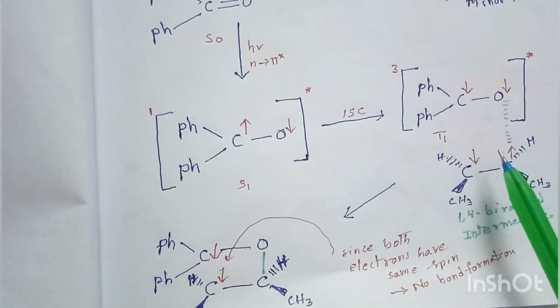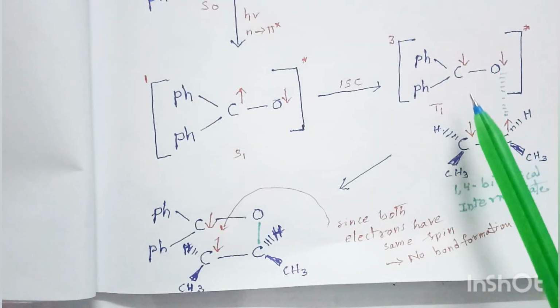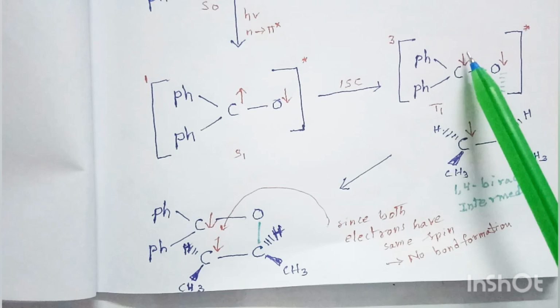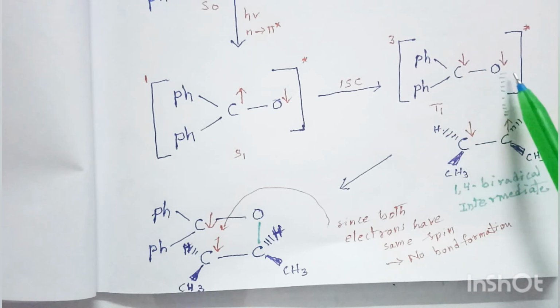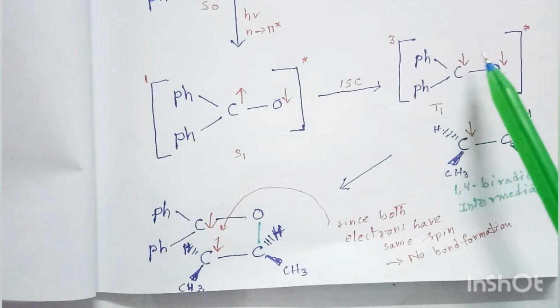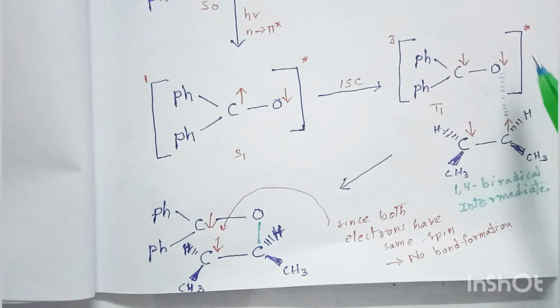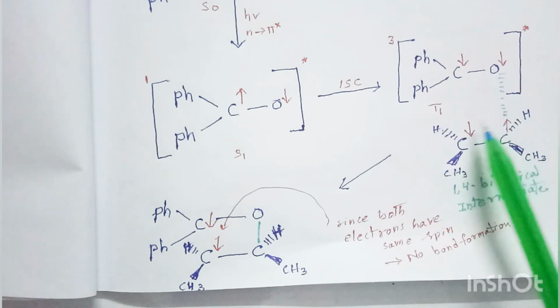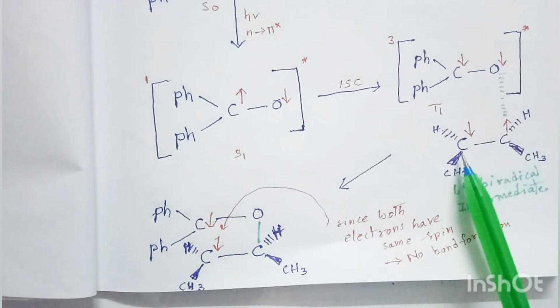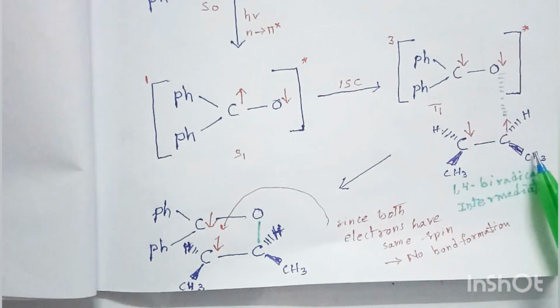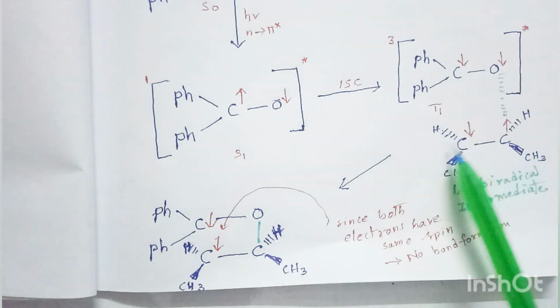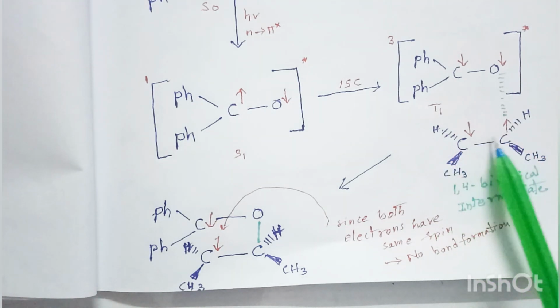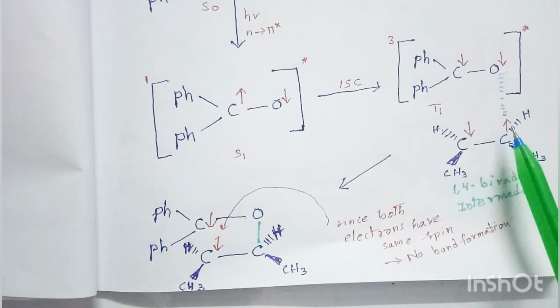In the triplet excited state, both the electrons have the same spin. Now, to this excited carbonyl compound, this cis alkene is added.